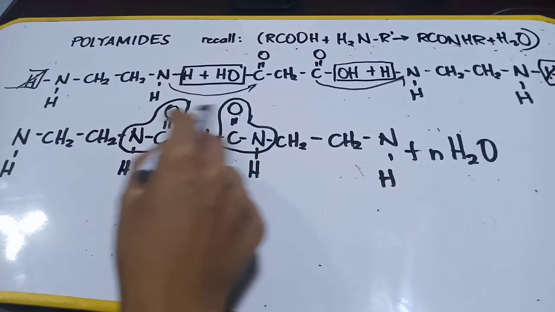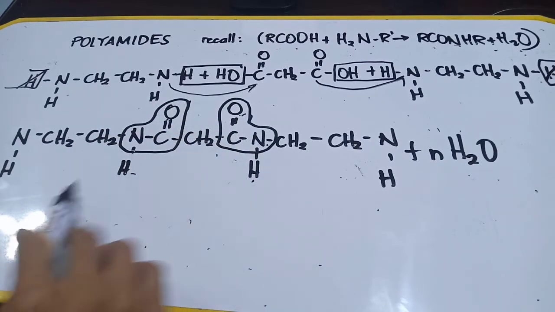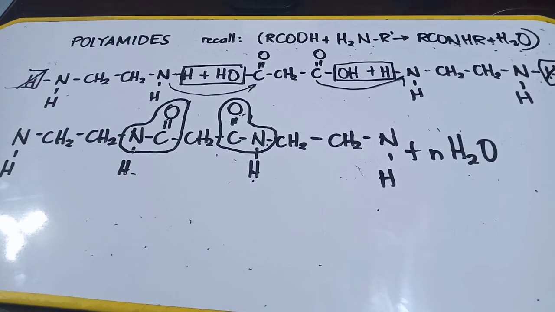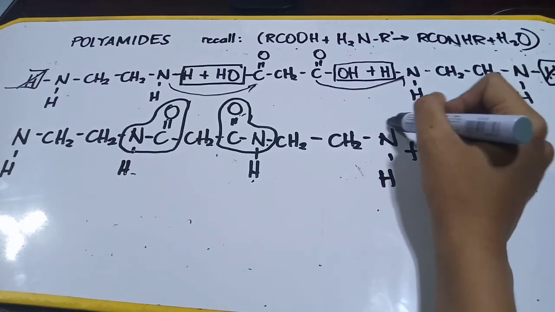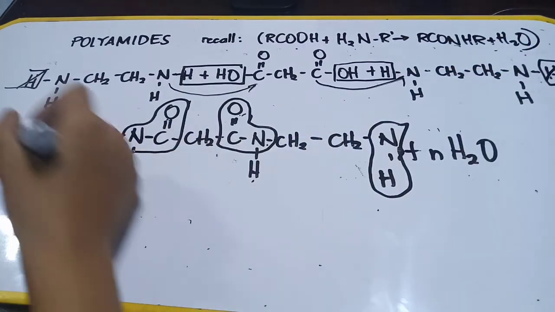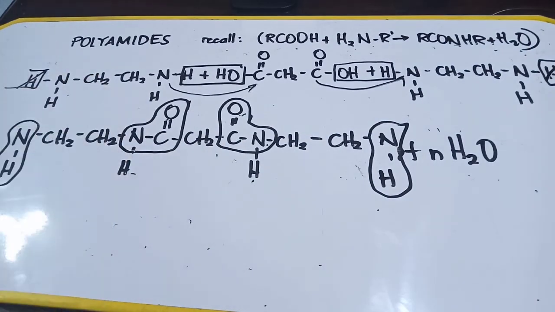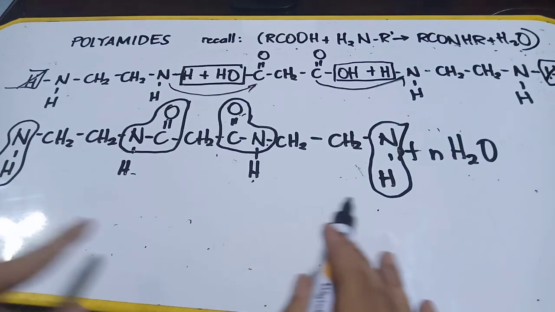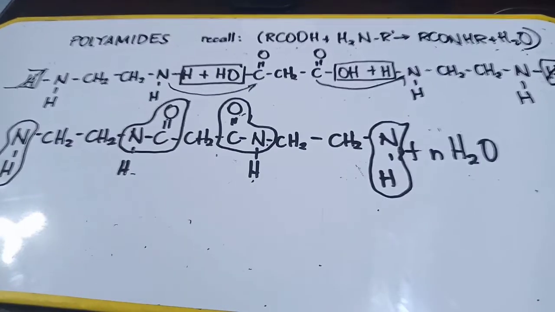Everything that has O and NH is a potential amide linkage. And also here. Okay, now we could see the pattern.